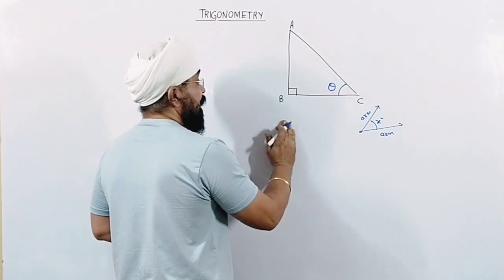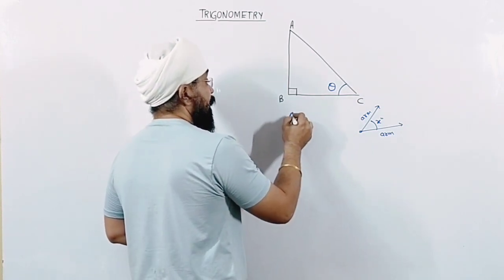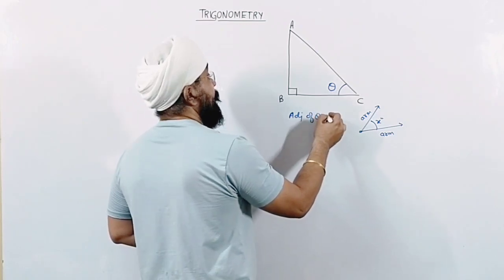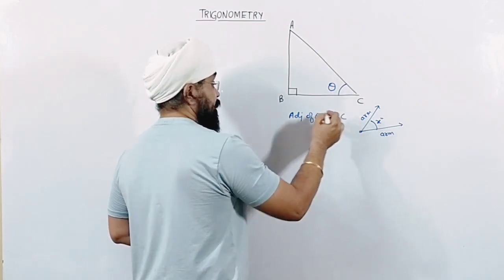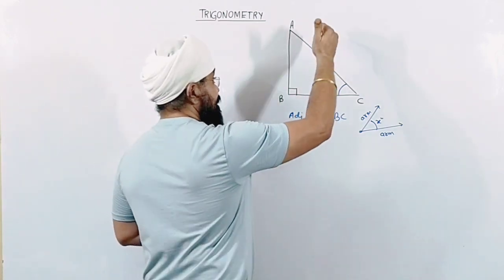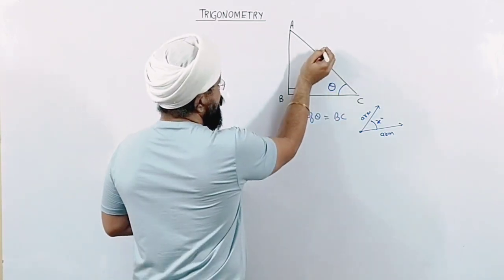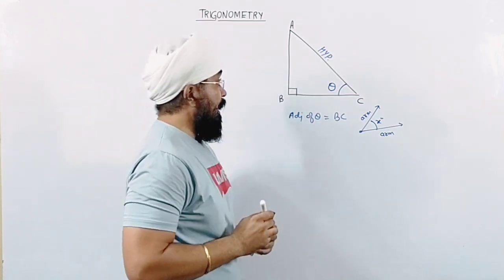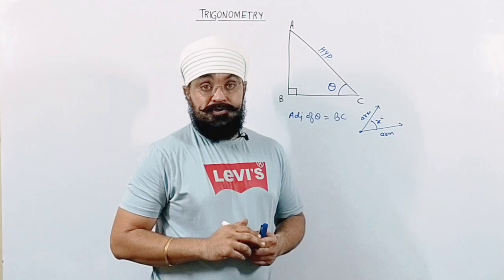There are two words that students generally use. I'll write here: adjacent of angle theta is the BC side, because there is one more side, which has the name hypotenuse. In short I use HYP for hypotenuse.